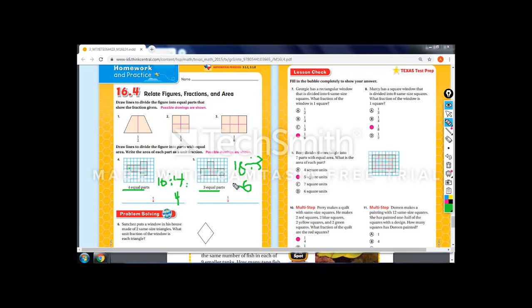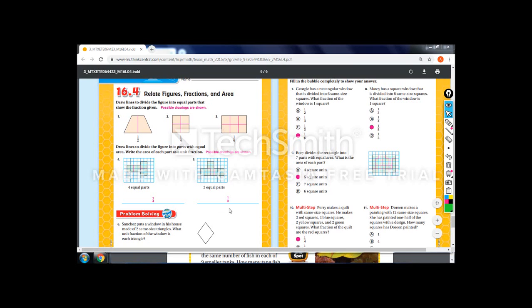So 6 will be the number in each one, the area for each shape that you draw. Now some of these shapes will be different, but so long as you have 6 in each group, you're good. And you should come up with 3 equal groups. And what is this unit fraction called? Well, that's 1 out of 3. Okay? Does that make sense? Good. Let's look at the next one.